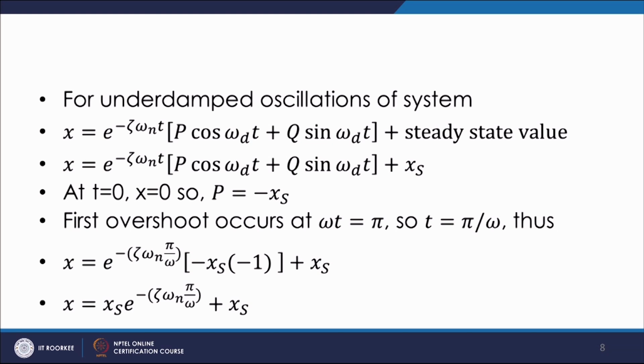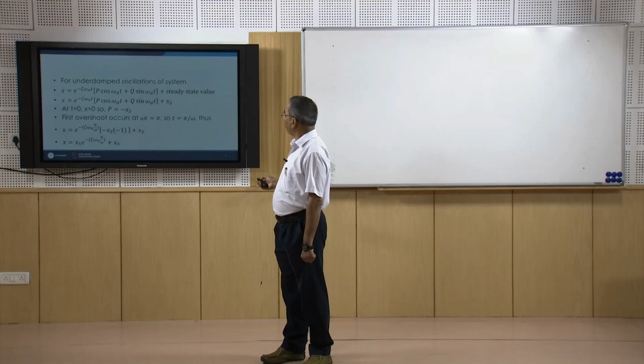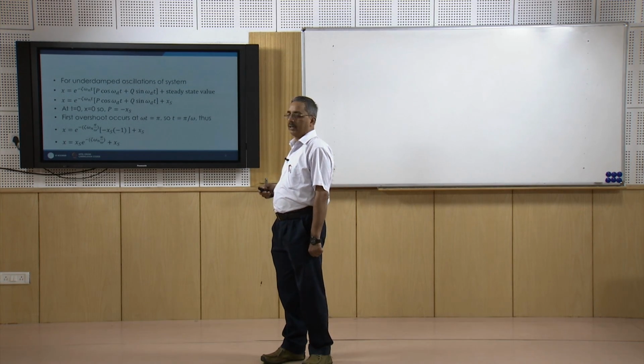This portion corresponds to the transient behavior, plus the steady state value. As we have been noting, the steady state x, if I represent it by xs, is given by this equation.